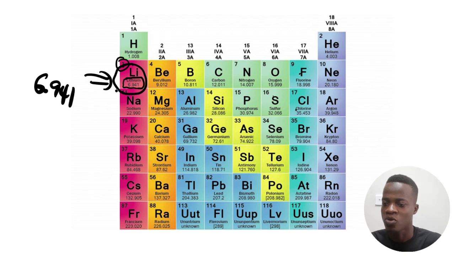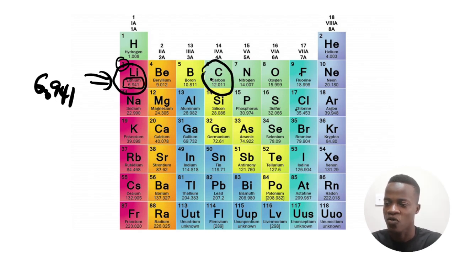6.941. So what you are seeing on the periodic table are the elements, and the number you are seeing there is actually the relative atomic weight or relative atomic mass. It is the average of the individual atoms in this element, like how we do it in carbon. Look at carbon.